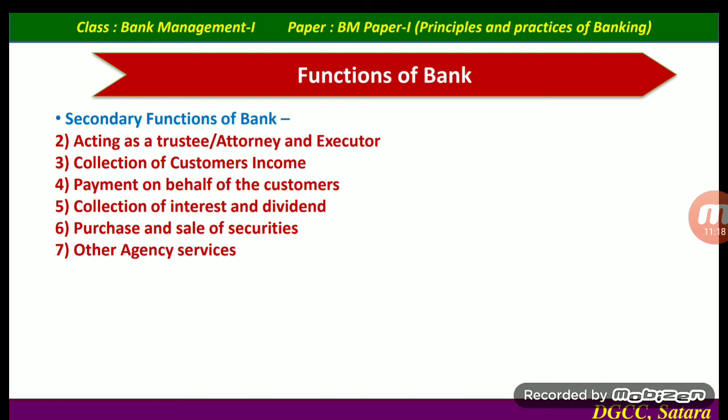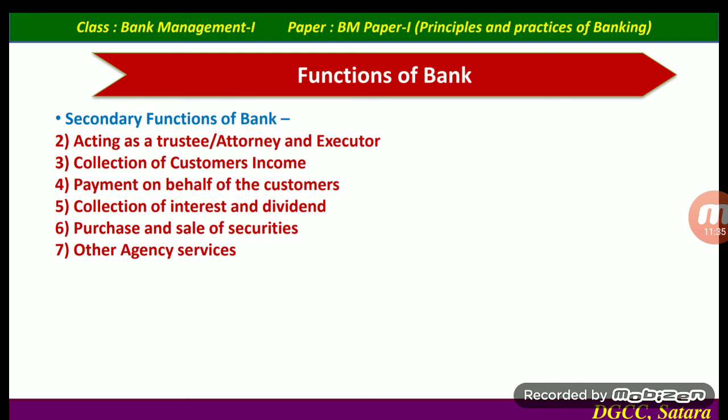Fourth is payment on behalf of customers. Besides the collection of customers' income, the bank also makes payment on behalf of its customers. The bank pays premium of insurance companies, loans, installments, taxes, subscription or contribution, etc.